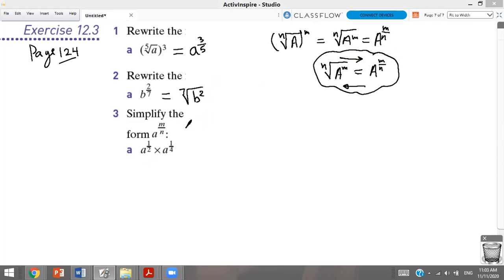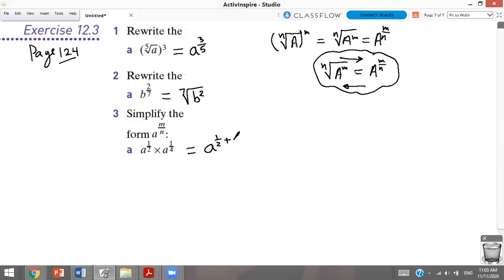Now he said here simplify. That's the meaning. We have the same base. What is the base here? What does base mean? A. And what can we do with powers?